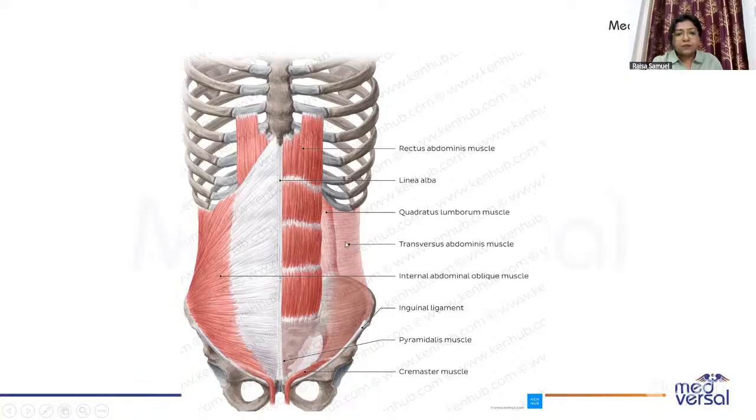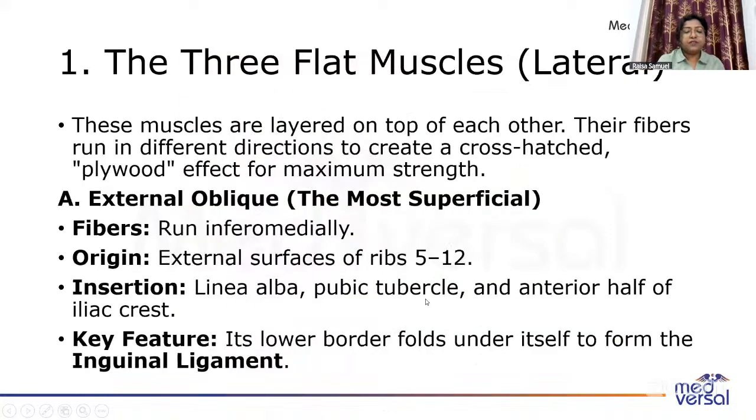The transversus abdominis muscle is here. The internal abdominal oblique muscle is here. The inguinal ligament you can see here. The pyramidalis muscle is here. This triangular shaped muscle is called the pyramidalis muscle. And this is the cremaster muscle, which is not present in females.